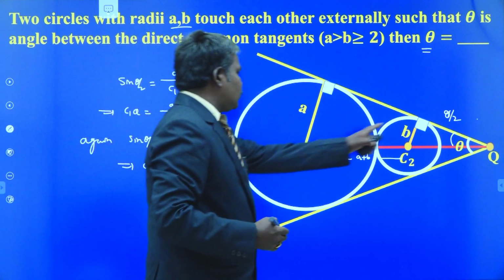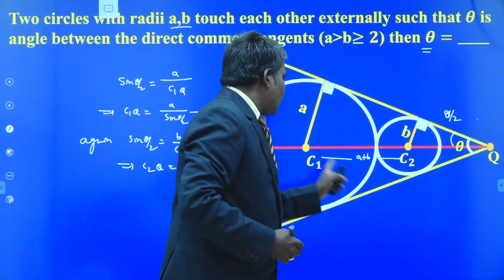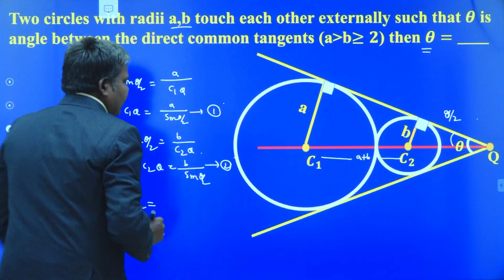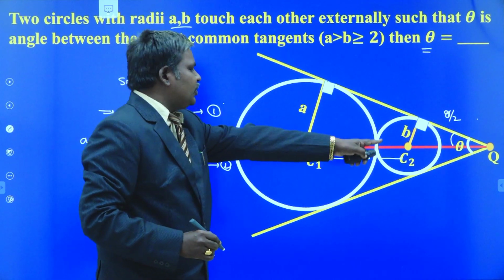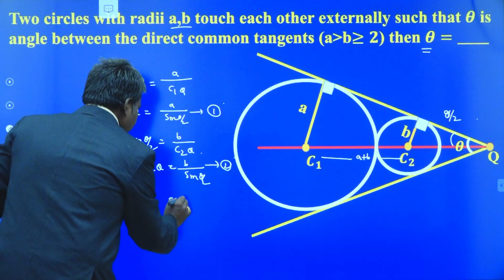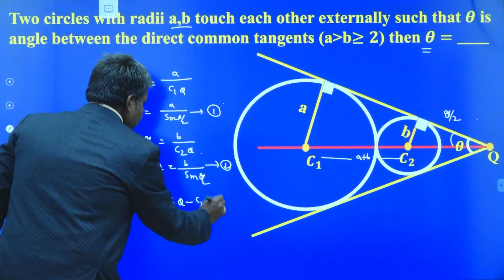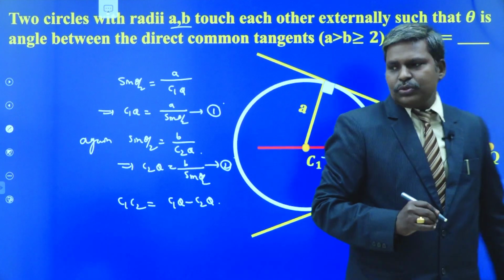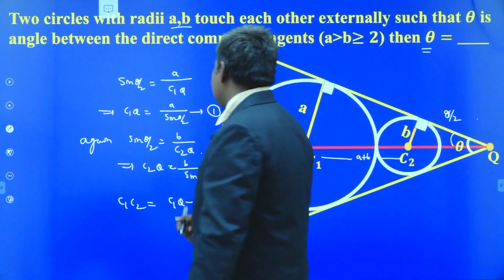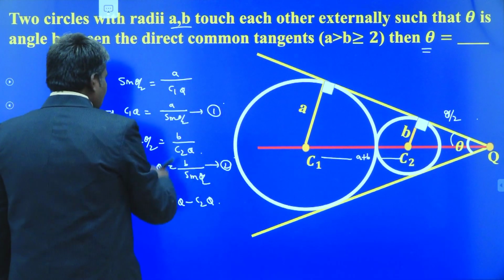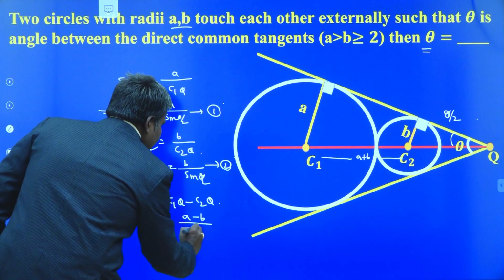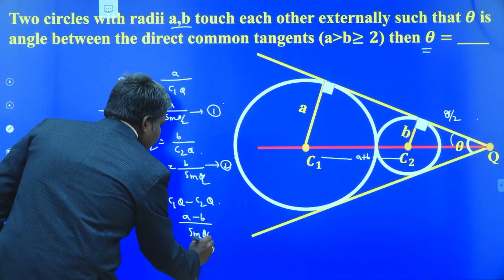We have C1Q, and C2Q. What about my C1, C2 now? C1, C2 can be written as C1Q minus C2Q. You just substitute both the values here itself: A by sin theta by 2 minus B by sin theta by 2, which is A minus B by sin theta by 2.